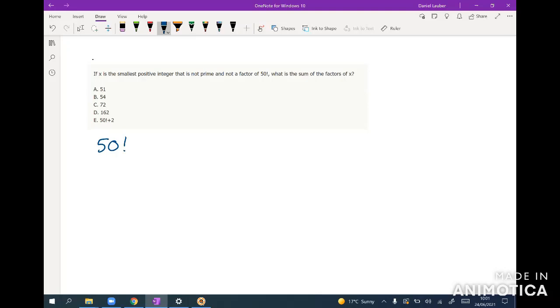So the first thing that's not a factor will definitely be above 50. The first thing that isn't a factor will be the first prime above 50. So 51 isn't prime, but 53 is prime. So we can say 53 is not a factor.